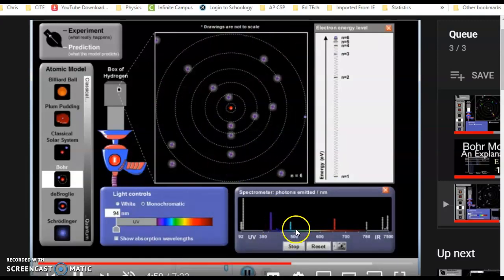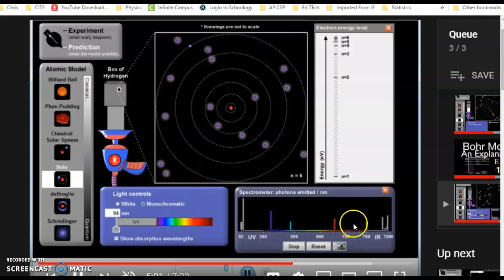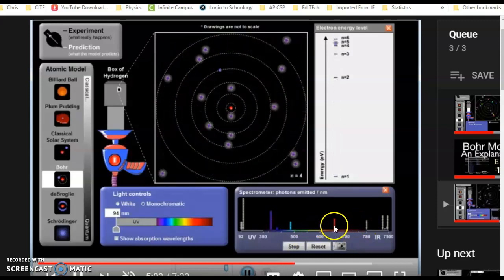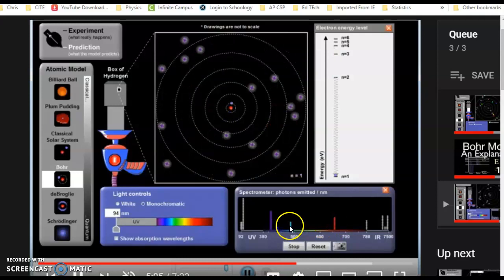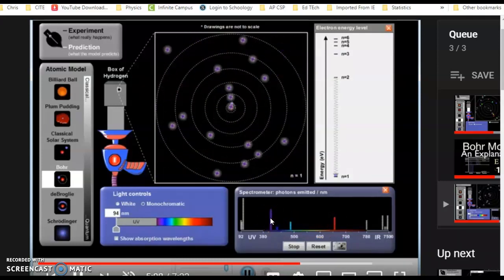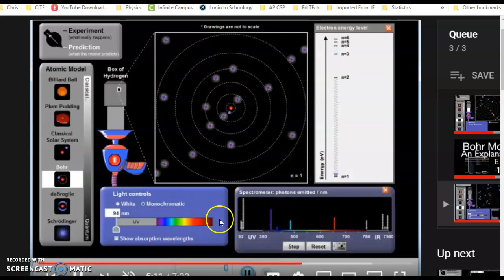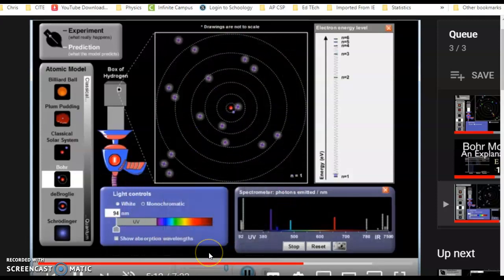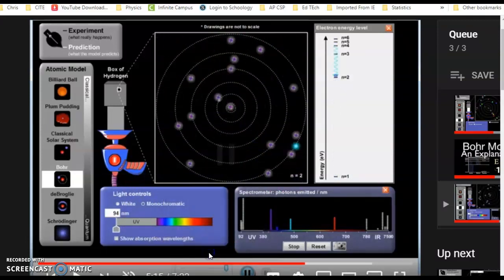And so you get very specific energy photons coming out, which is why we get very specific colors coming out in the emission spectra of hydrogen. Okay, and as this thing runs and runs and runs, you'll see more and more photons coming out, but they are always very specific color photons because you're only going to get photons that have the exact amount of energy as exists between two different energy levels.